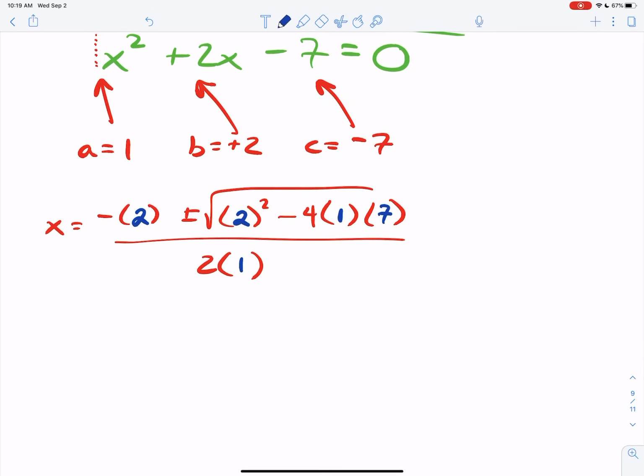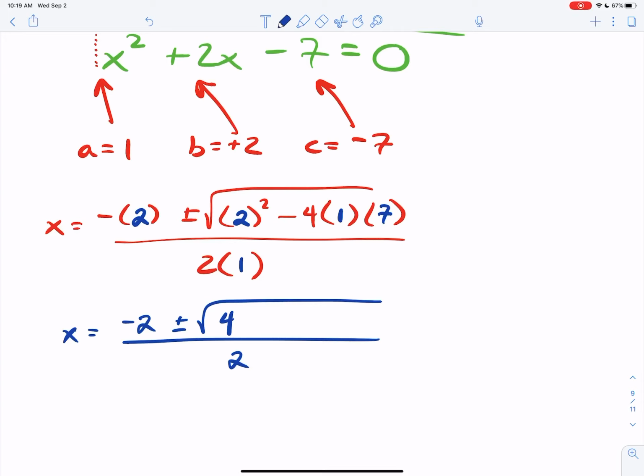All right. X equals, down below, 2 times 1 is just 2. Negative times 2 is a negative 2, plus or minus. 2 squared is 4. 4 times 1 times 7 is 28.